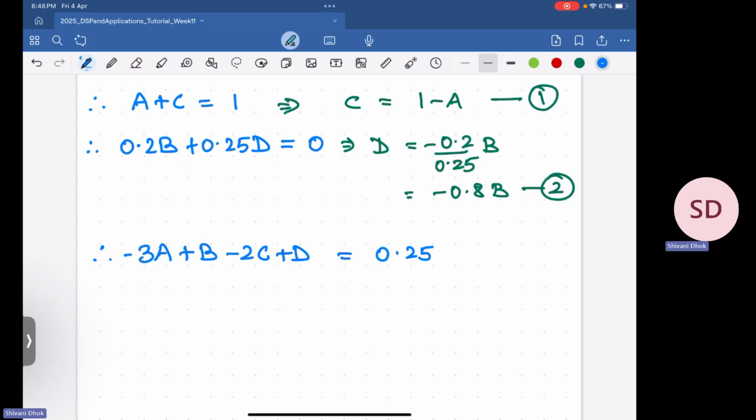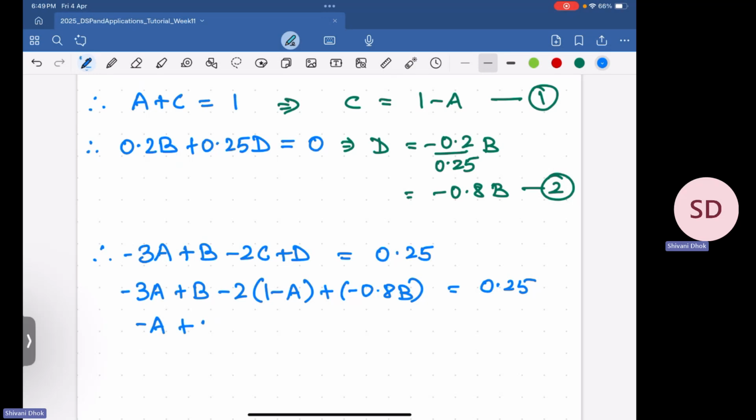Minus 3a will remain as it is, plus b, minus 2c we can replace by 1 minus a, plus d I can replace as minus 0.8b, which is equal to 0.25. After simplifying, we get minus a plus 0.2b is equal to 2.25. And let me number this as equation.